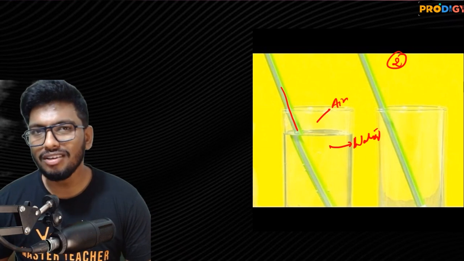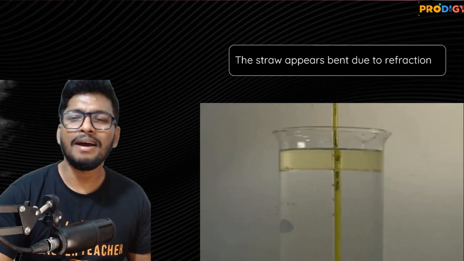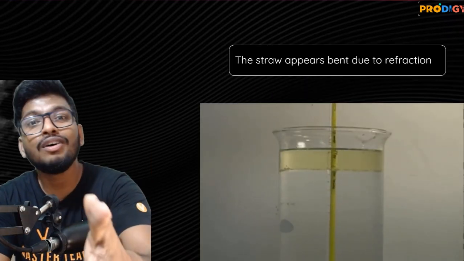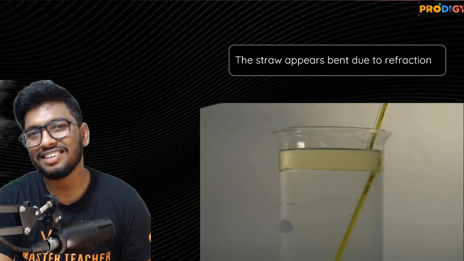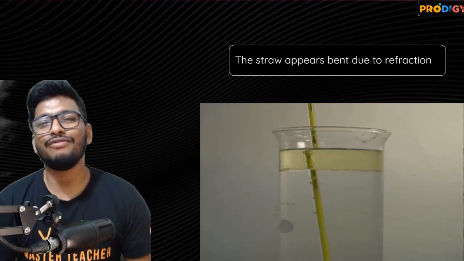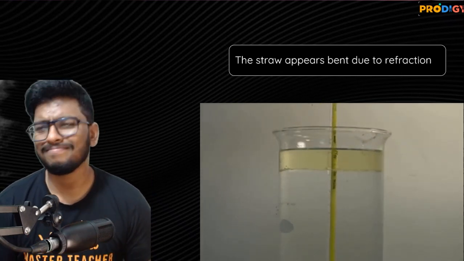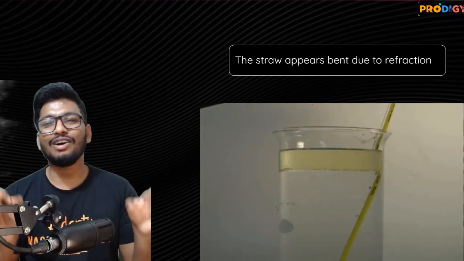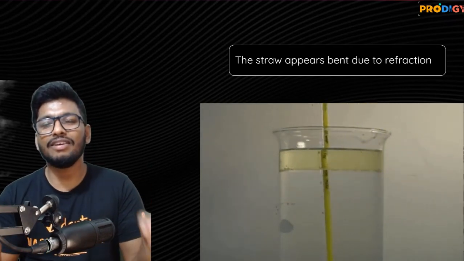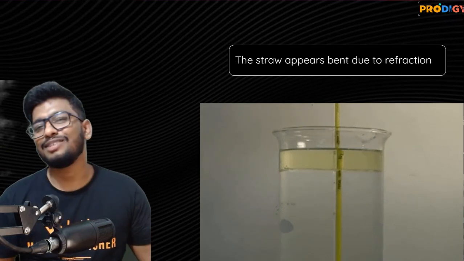But is that how the actual straw is? No, that's not the case. But it appears as though the straw is bent. And that, my friends, is all thanks to refraction. That is the magic of physics. That is the magic of refraction. And in simple words, the bending of a ray of light when light is traveling from one medium to another is what is refraction.